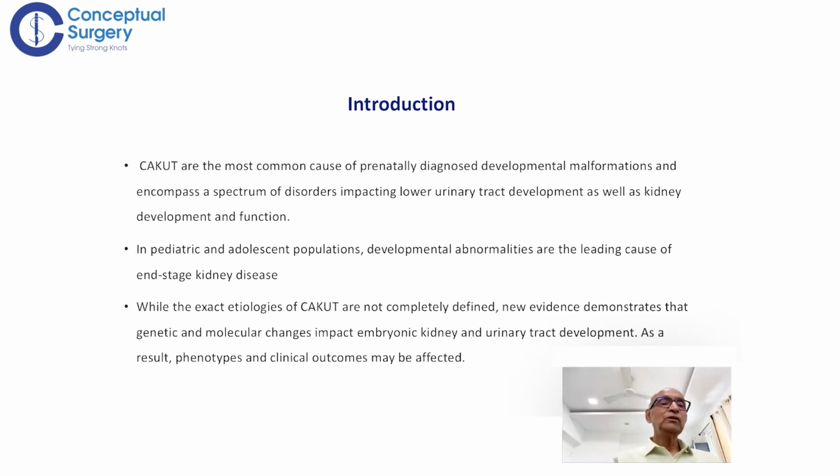So the exact etiologies of CAKUT are not well defined. But as time has passed, we now recognize that they have both genetic and molecular level detail, which has now been understood. And I will be showing some slides related to these defects.